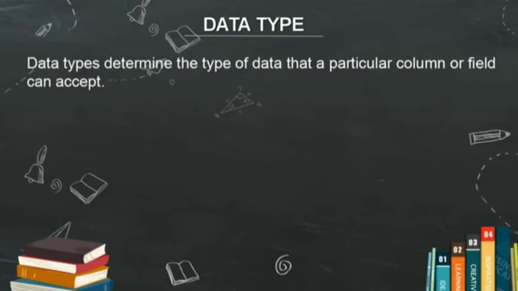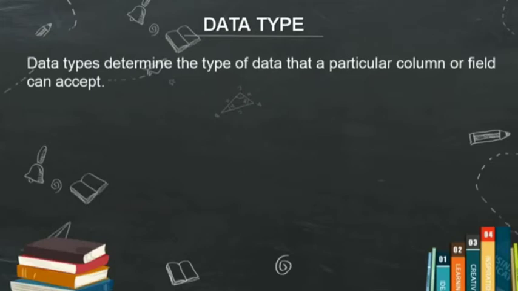For example, if you are creating a column of marks in which you are going to enter the marks of all the students, then the data type for it will be number, because you know that you are only going to enter marks in that particular column. No alphabets or any other thing you are going to store in it. So this is the work of data type.